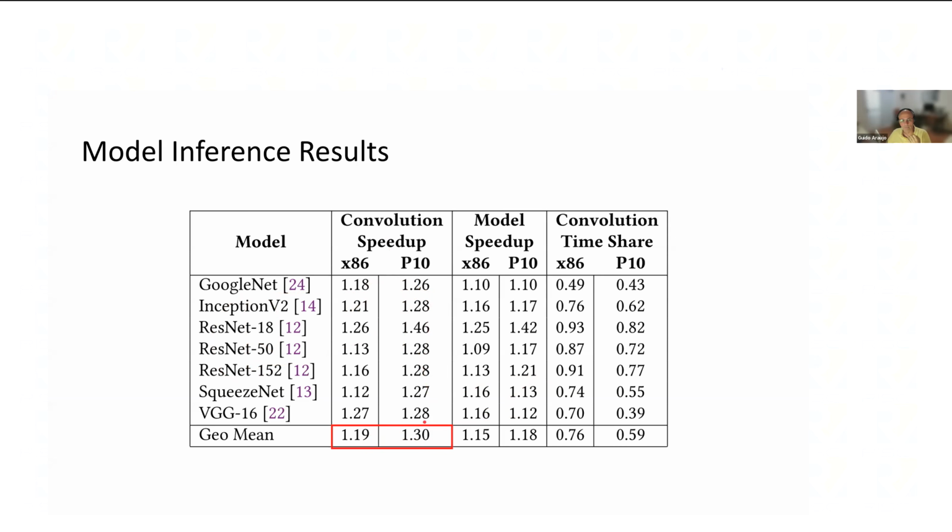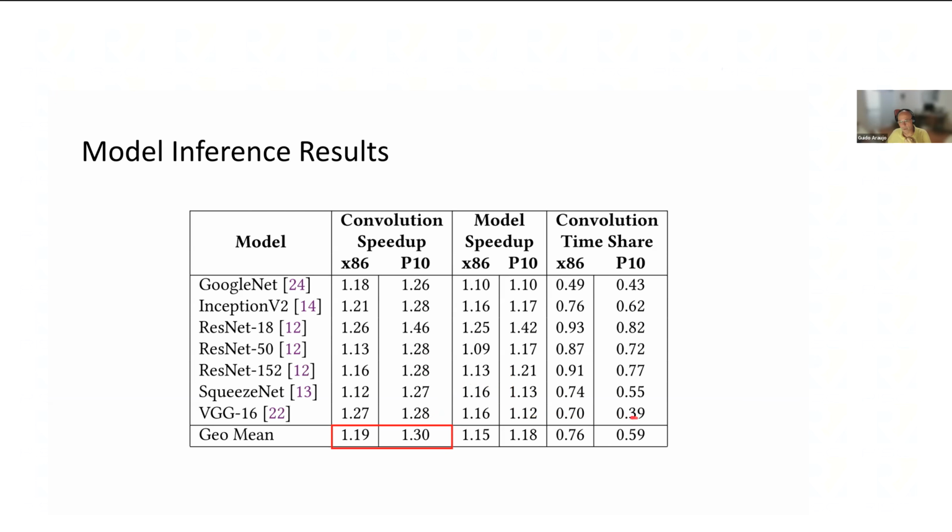We managed to speed up, for example, the convolution for the VGG16 model by 28%. But at the end of the day, this only reflects as 12% on the POWER10. The reason is the share of the convolution in the model.